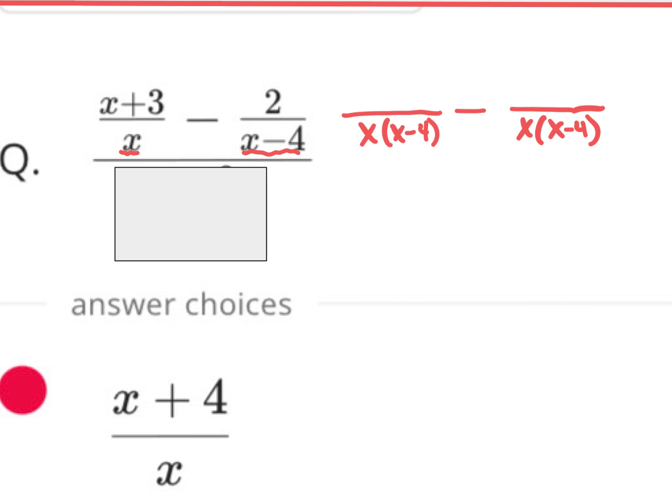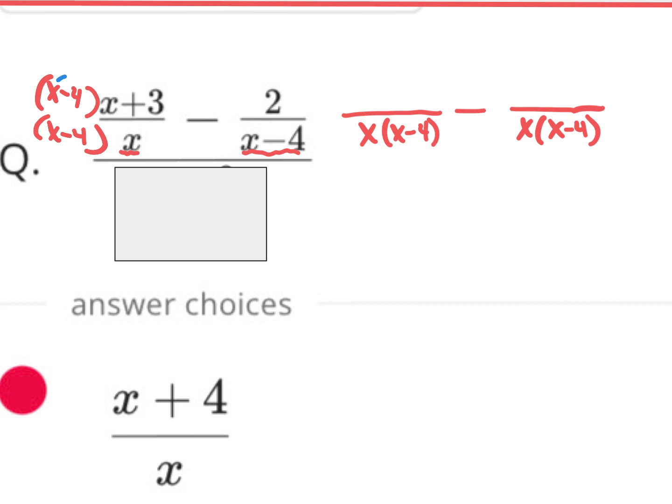Now, this first denominator, what must I do to make it look like this common denominator x times x minus 4? What's missing? The x minus 4. So I'm going to multiply both top and bottom by x minus 4. This is the first time we get to this type of question where we have to multiply a binomial with a binomial.